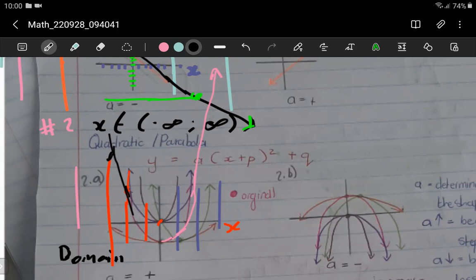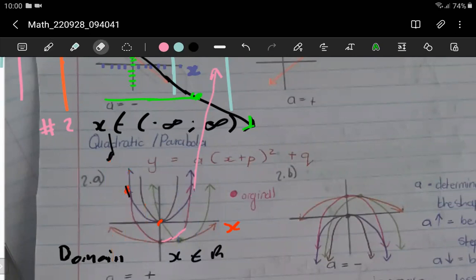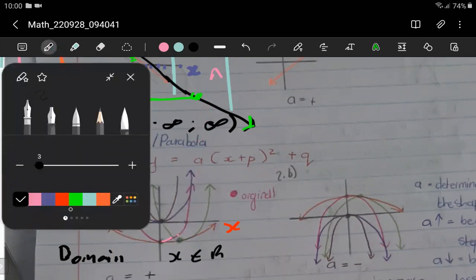So that's why we can say the domain is x is an element of R. For the range, we look at the y-axis instead. You can even do it manually as we're doing it now. So in terms of the pink graph, let's say the turning point is at -1.